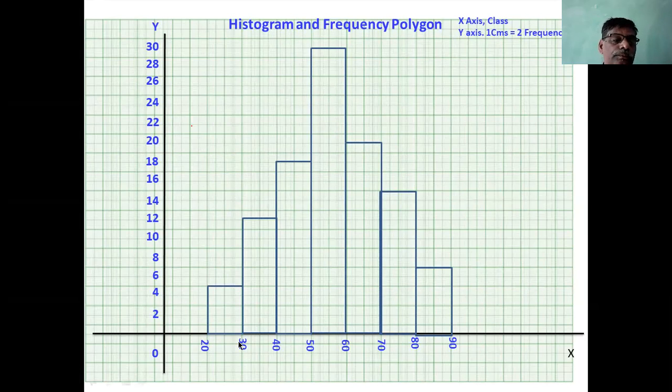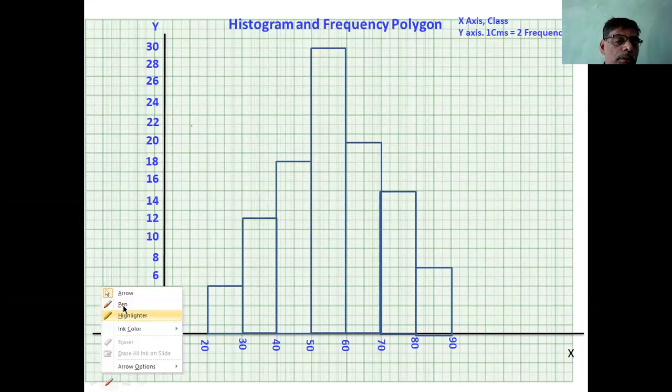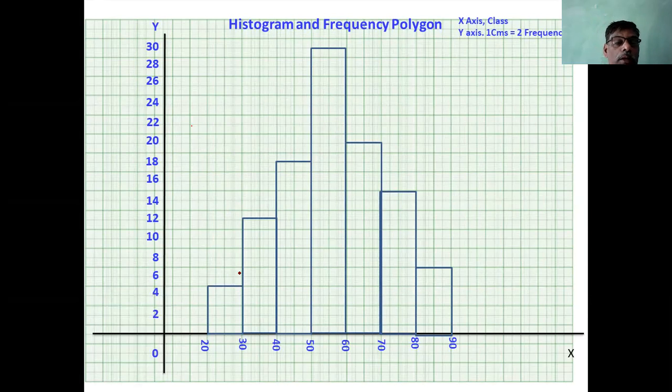You see here, you take a pencil and mark in the middle. This is the middle of the first rectangle, and this is the mark of the mid of the second rectangle, the middle of the third rectangle at the top is this.